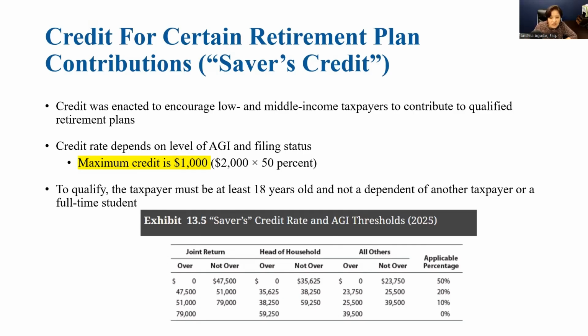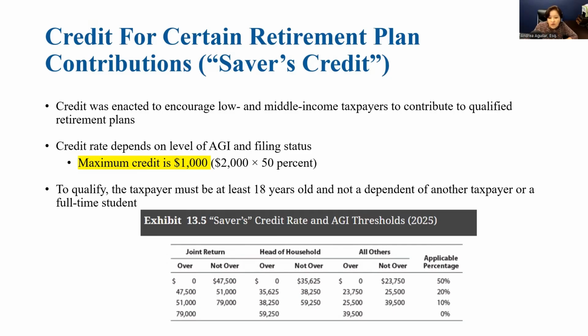So here in the table that I have for you, you can see that for joint tax returns, any couple filing a joint tax return that was making no more than $47,500, the credit for the retirement plan contribution was 50% of the contribution. So the amount of the credit for them is $1,000.